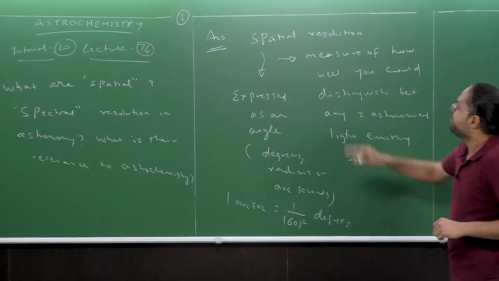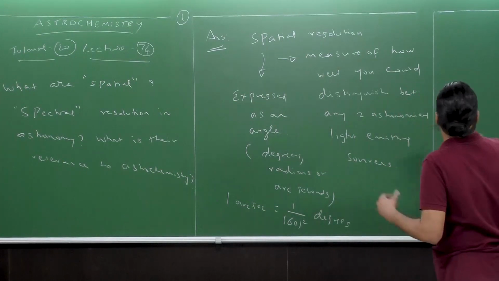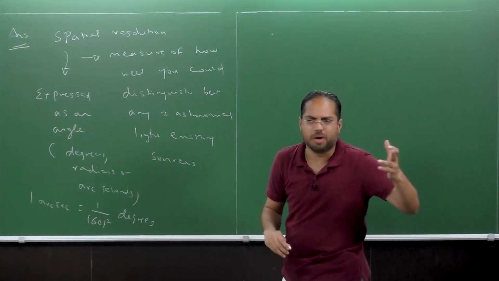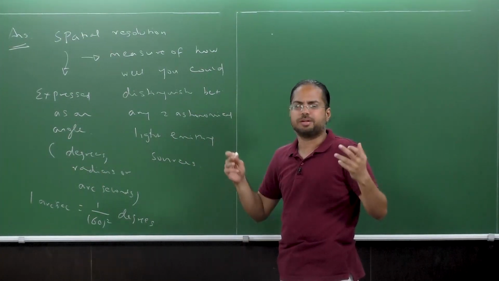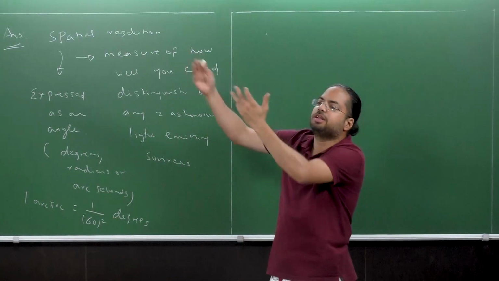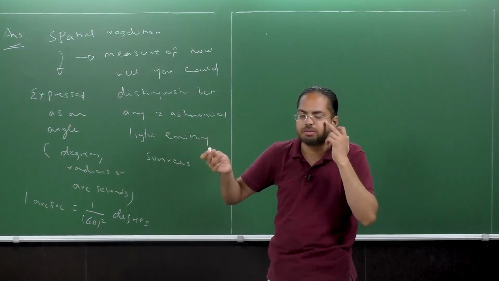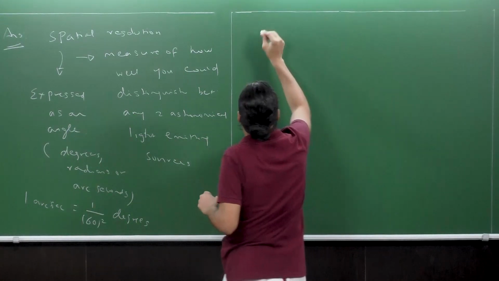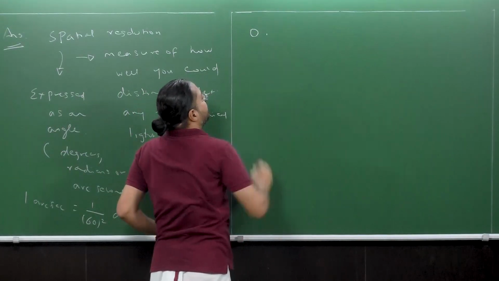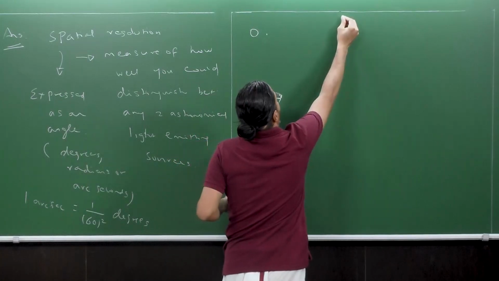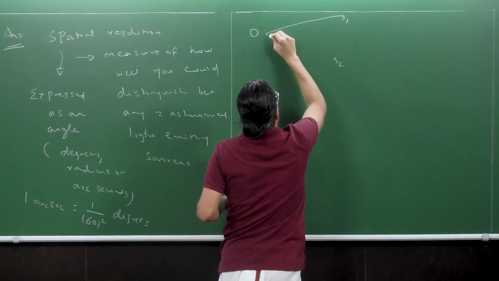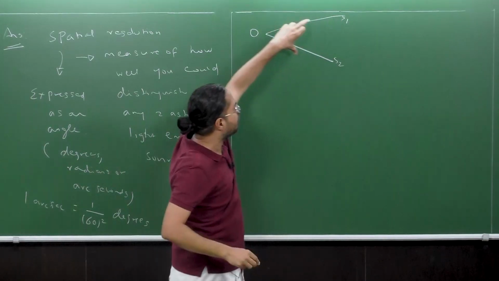So what sort of an angle are we talking about? Let's say that this is an observer. For the sake of simplicity, I'm representing it as a point, but typically you can think about it as the center of a lens as part of a telescope, or if you're viewing anything with your naked eye, the center of your pupil. Let's say there is one source S1 here and S2 here, and light is coming from both S1 and S2.